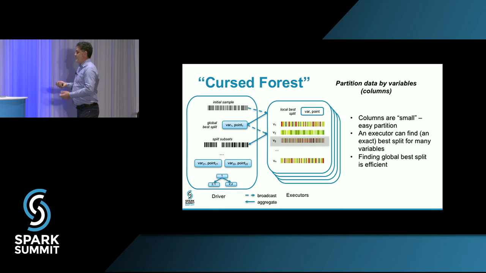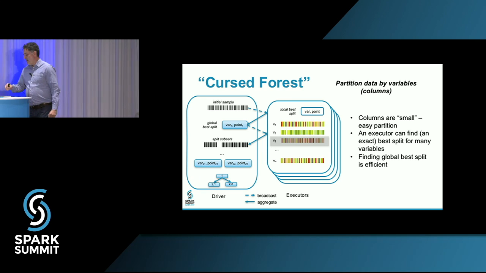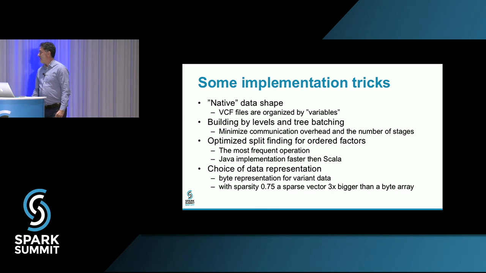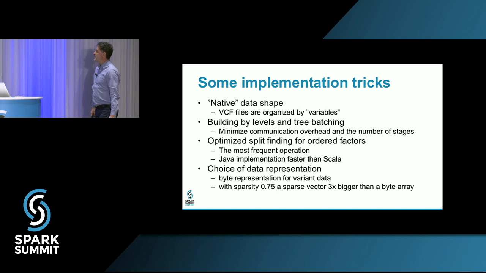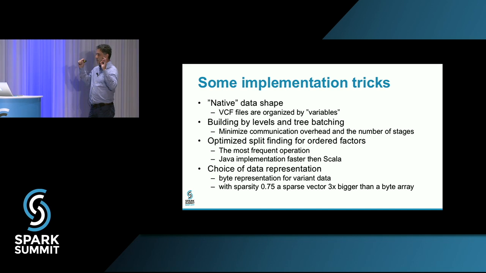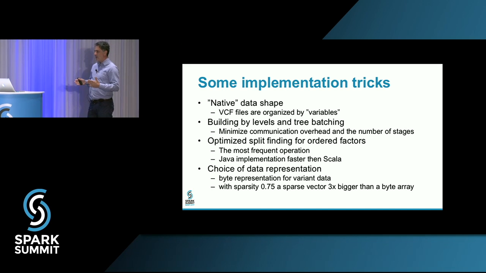We implemented this in Scala. There are also some other tricks that make it faster. For example, I mentioned these VCF files, which also organize data by column, so we don't have to convert or transpose them. We can just read them directly as they are and put them into our software.